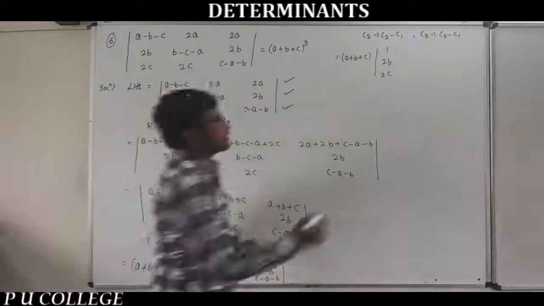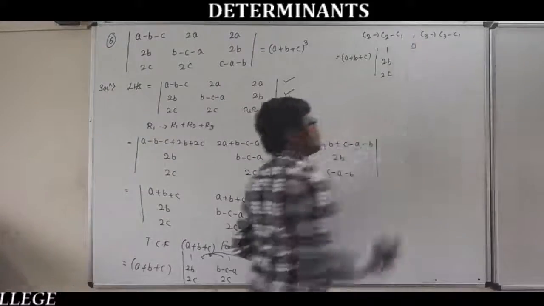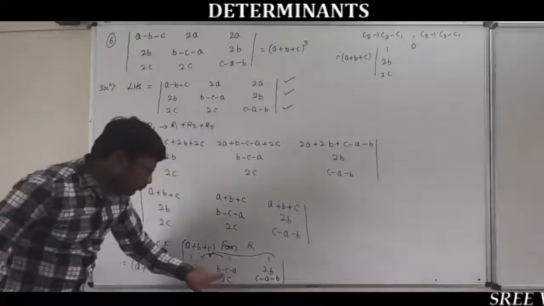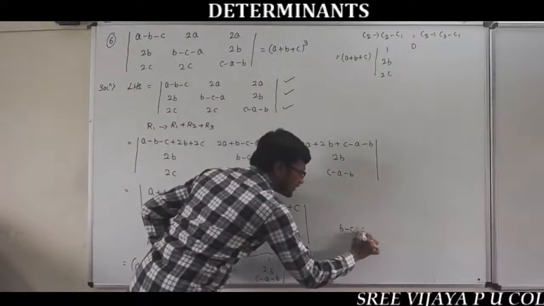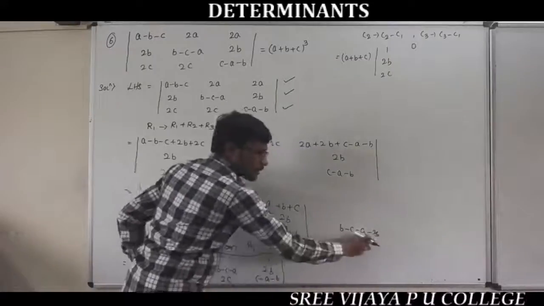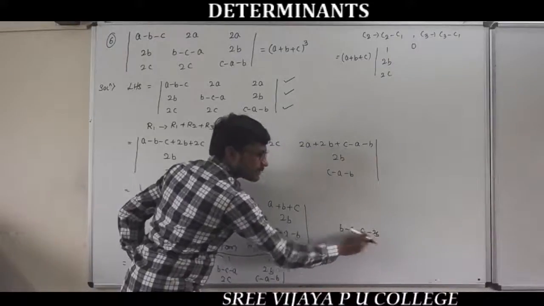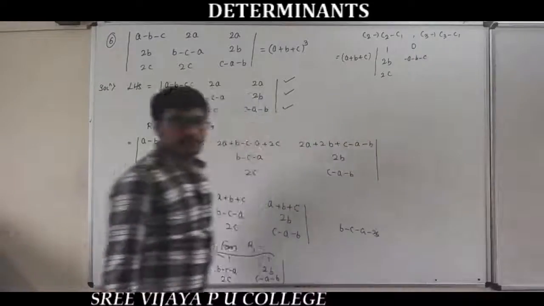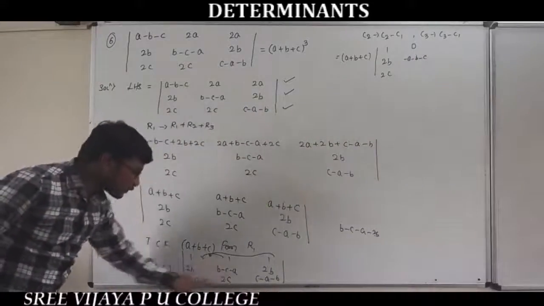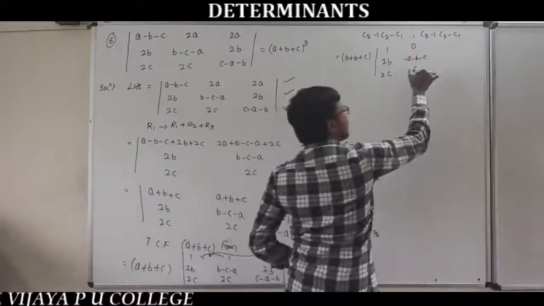So 1 minus 1 is 0. B minus C minus A minus 2B, so B minus 2B is minus B, so minus A minus B minus C. This minus this: 2C minus 2C is 0.